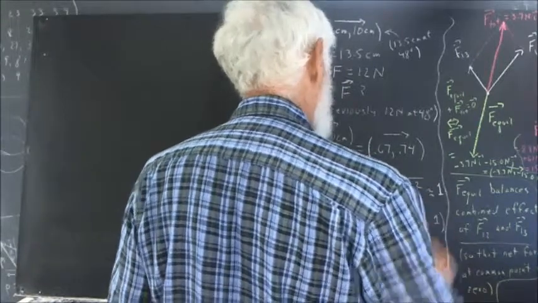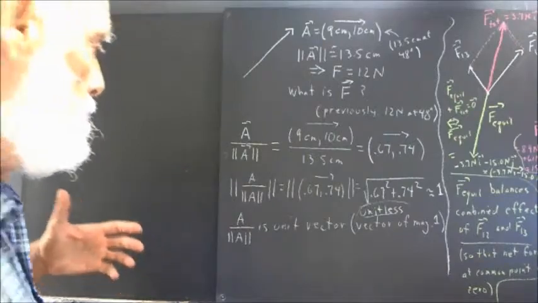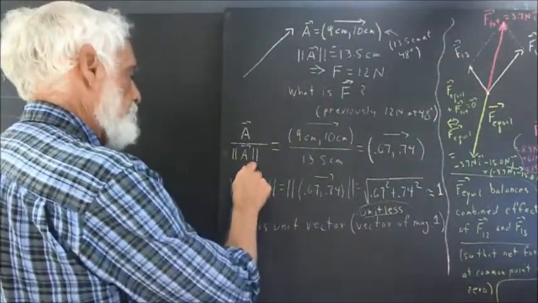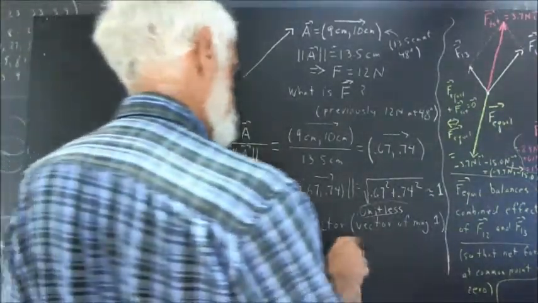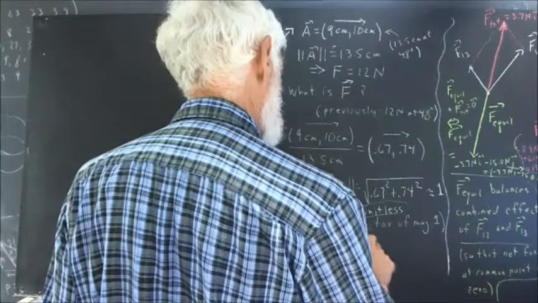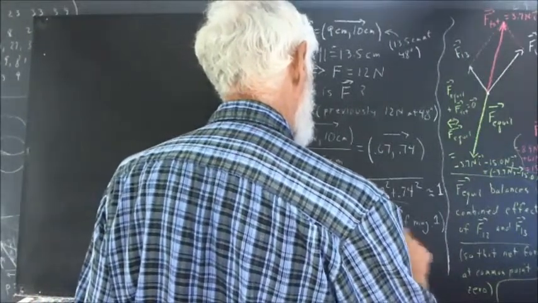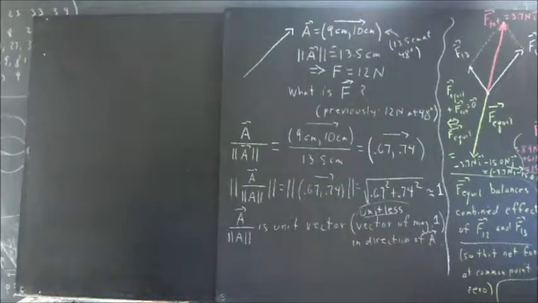So let's include the word unitless here. Okay, but it has the direction of the vector A. Getting sloppy here. It's in the direction of A.